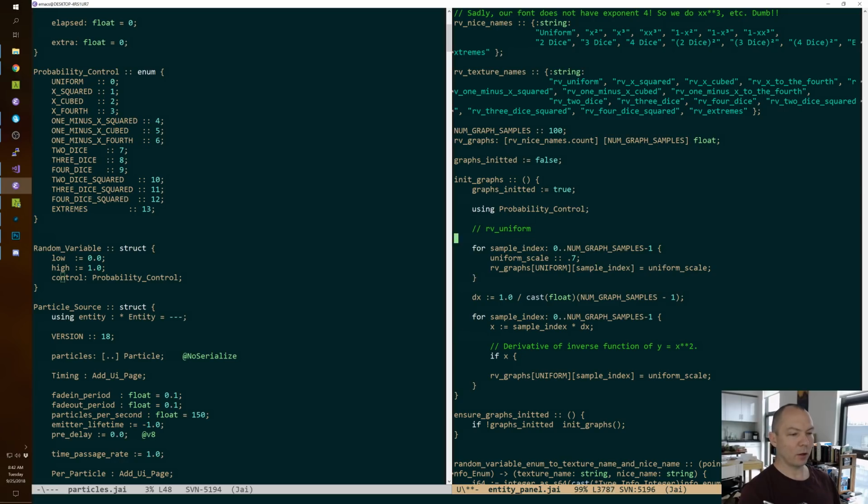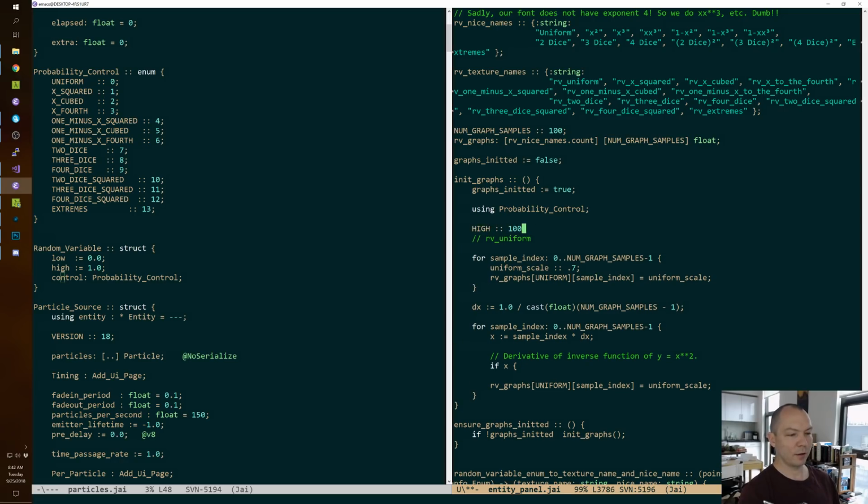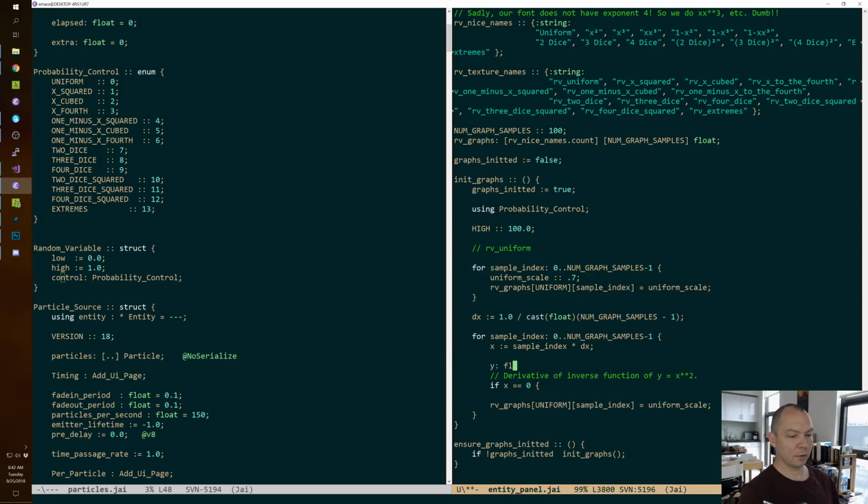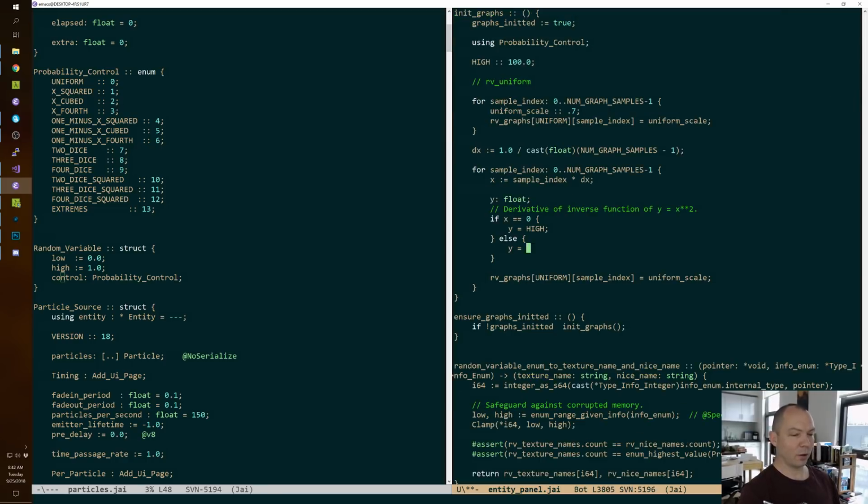Let's just make a constant for infinity that's going to be off the scale of the graph. So y is high. Otherwise, y equals 0.5 times pow x minus 0.5. We're not going to be lazy and refactor that. Y, and then we're going to leave that unscaled.